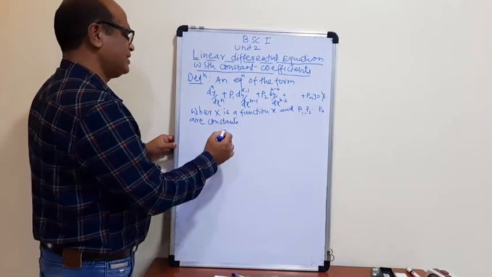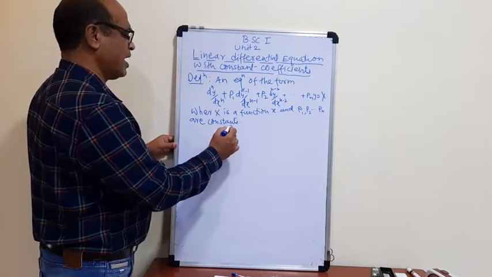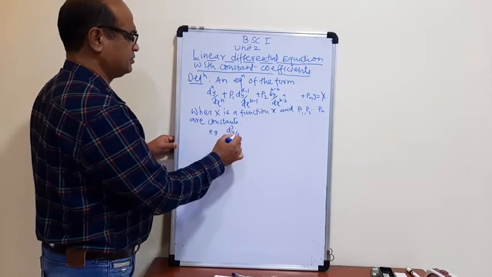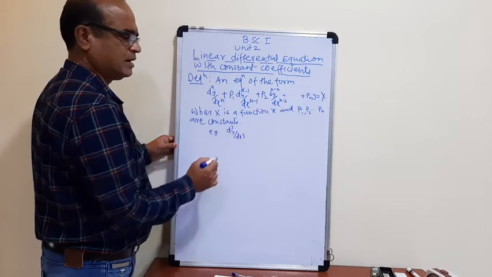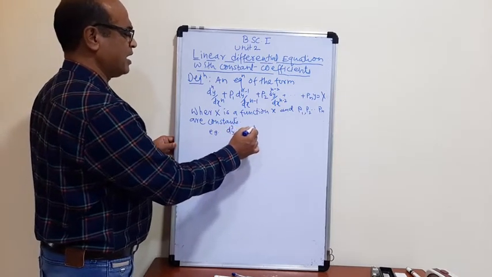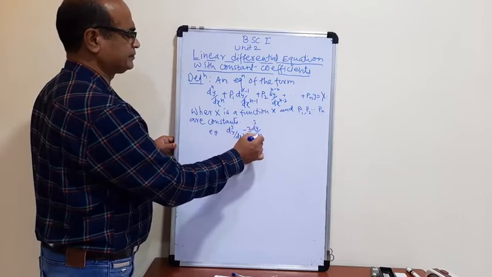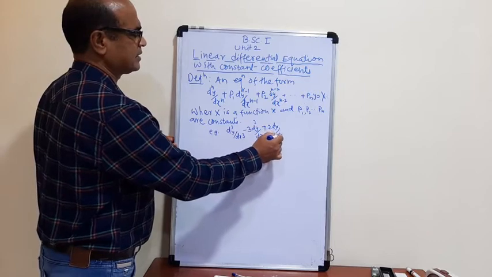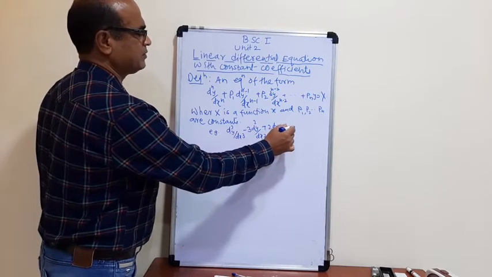So for example, d^3 y by dx^3 minus 3 d^2 y by dx^2 plus 2 dy by dx plus y is equal to 0.